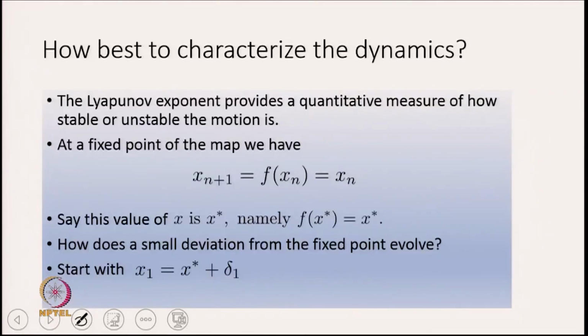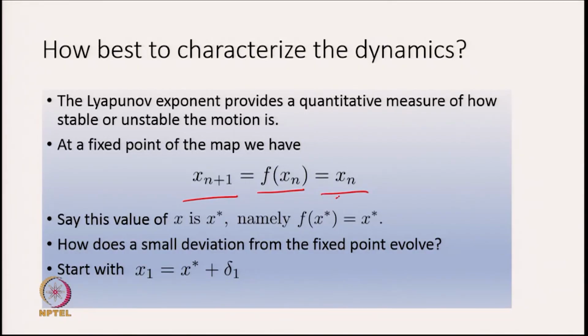Now, let us start by wanting to characterize the dynamics. The Lyapunov exponent is a quantity which provides a very quantitative measure of how stable or unstable the motion is. At a fixed point of the map, we have the following condition: x n plus 1 is f of x n, and that is equal to x n.